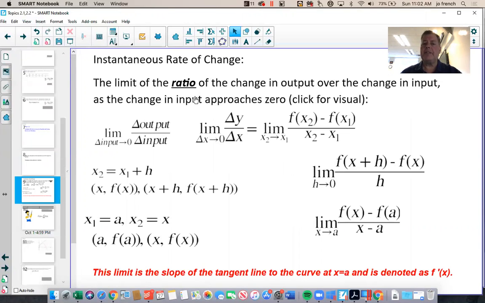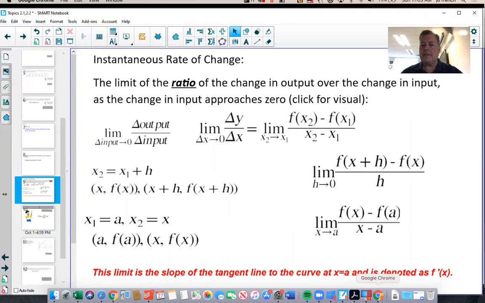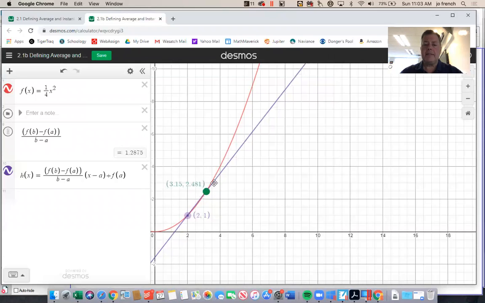Okay, so the derivative. In the last topic, 2.1, we talked about the instantaneous rate of change, which was the limit of the ratio of the change in output over the change in input, as the change in input approaches 0. So we looked at what happens when we change our input and output and bring them closer and closer together. What's going to happen to that ratio?